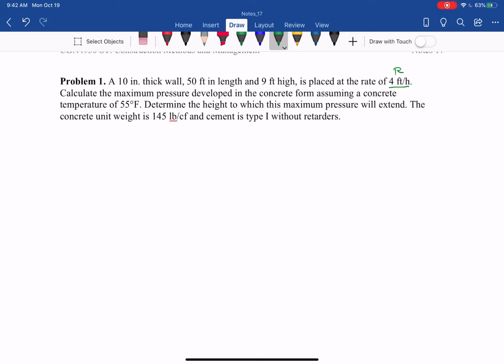Calculate the maximum pressure developed in the concrete form, assuming the concrete temperature T is 55 degrees Fahrenheit. Determine the height to which this maximum pressure will extend, given a concrete unit weight of 145 pounds per cubic foot, and the cement type is Type I without retarders.